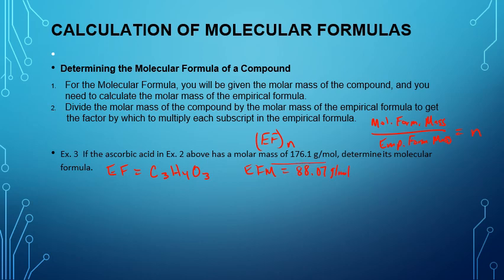In the problem, they gave us 176.1 grams per mole for the molar mass of the compound. So now I can take that molecular formula mass, divide it by the empirical formula's mass, and that equals some number n that we're going to multiply everything by. So I would take 176.1 divided by 88.07, and that would equal 2.